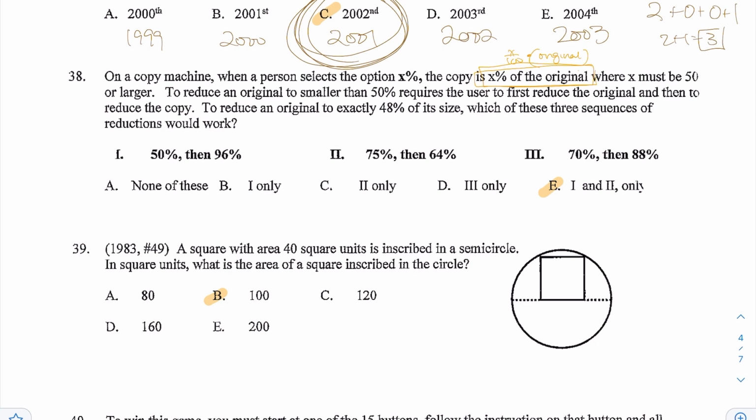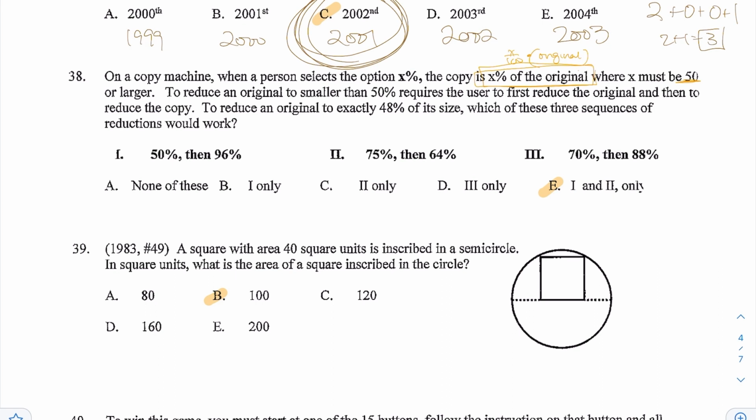So that means that you're shrinking this copy. You're just multiplying by percentages. Now, X has to be 50 or greater. So if you want 60% of the original, for example, you can just punch in 60. But if you want something to be less than 50%, then you're going to have to reduce it twice.